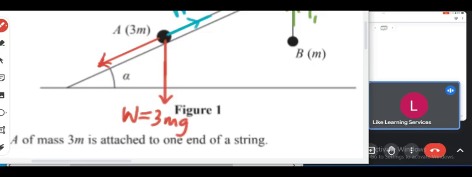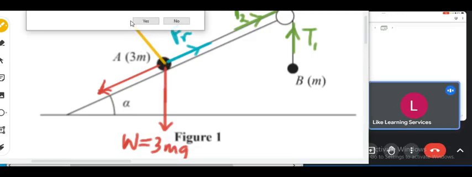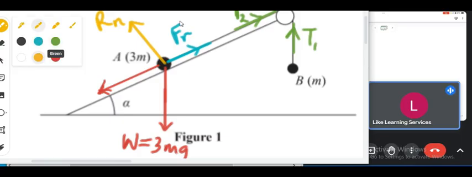Can you see what I'm writing? Yes. Okay, so you need to represent the normal reaction. How should it be represented? It must be at 90 degrees to the surface. Do you see what I drew? Yeah. 90 degrees to the surface. This is a normal reaction, R. Alright, I've done this with you before.